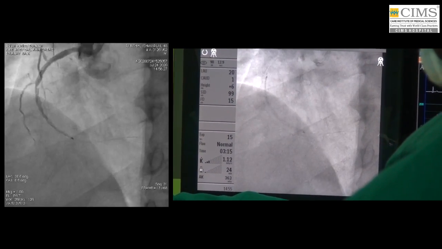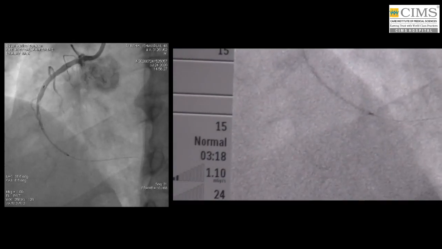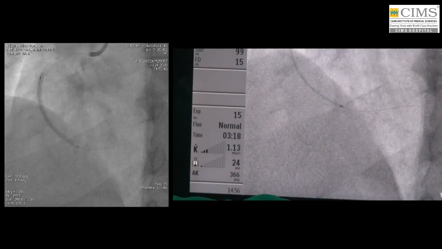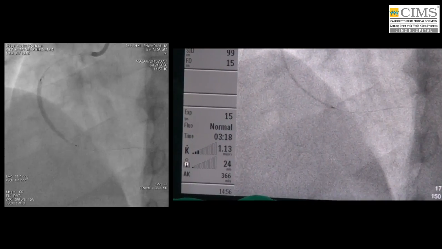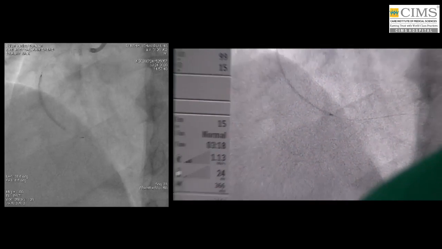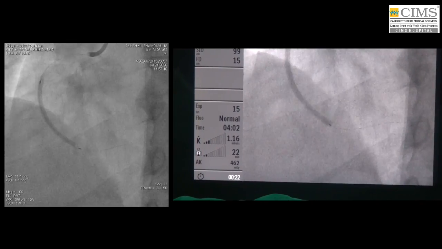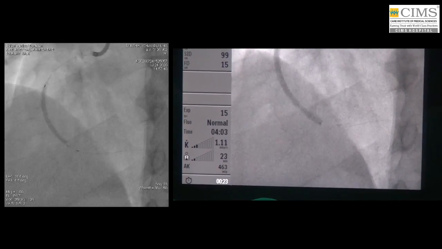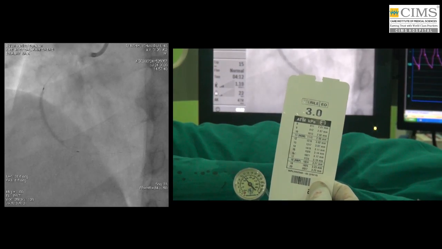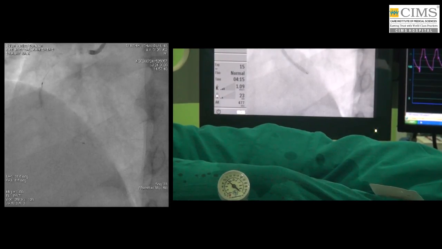There have been a couple of trials, one even a randomized trial, between short inflation and long inflation, and long inflation does indeed lead to better apposition, better expansion. Many times in calcified lesions, the expansion may not be as adequate, but apposition is almost always uniformly very good with this slow, steady, long expansion of the stent.